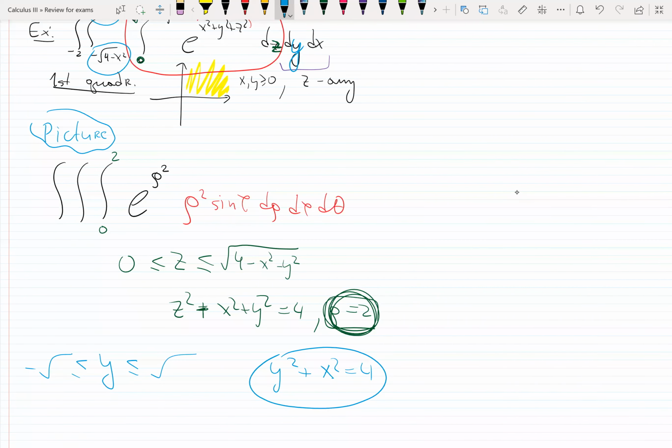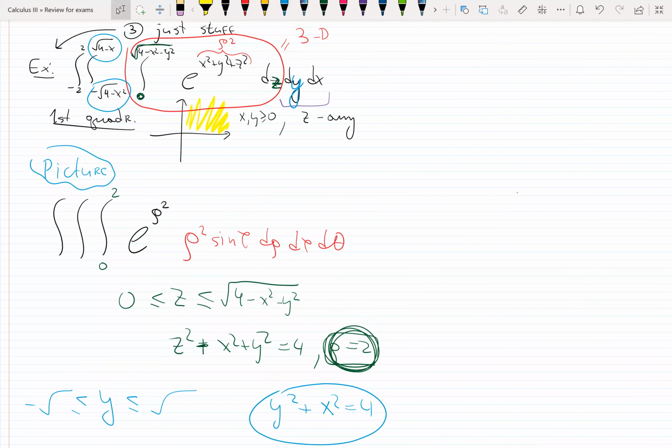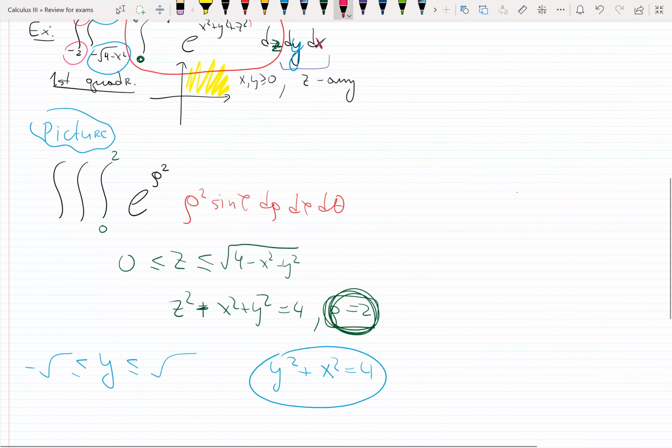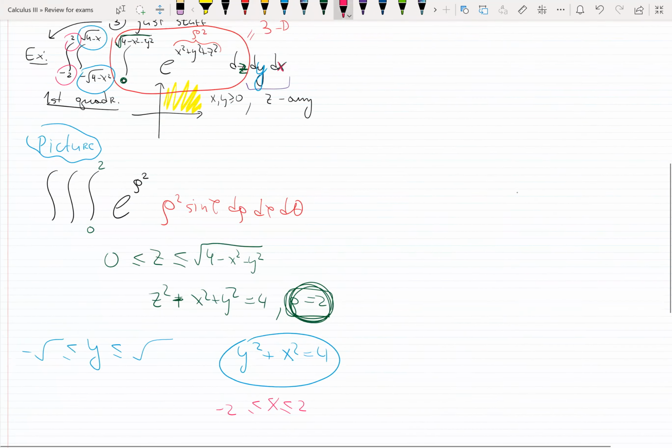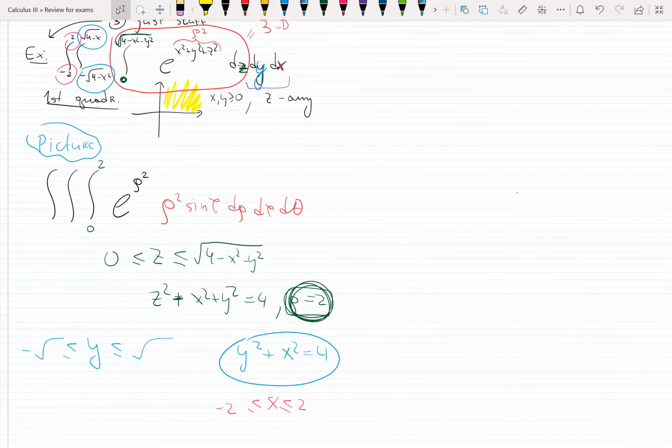But we also have x. X is from minus 2 to 2. What does that mean? That also represents the radius. The radius goes from minus 2 to 2. Anyway, what we need to know is if it completes the full rotation or not.